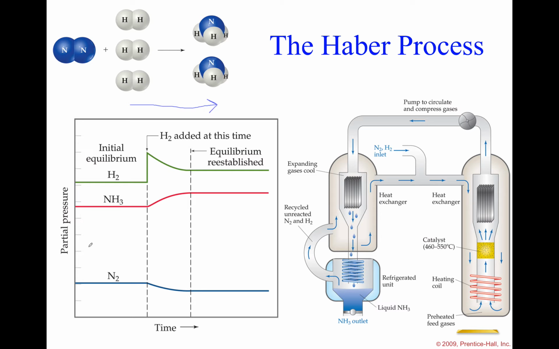So this is just a way of graphically seeing what happens. We're at equilibrium. Equilibrium is disturbed. The system shifts to reestablish equilibrium. I know equilibrium is reestablished at this point because, again, my partial pressures are constant. They're not changing. And this is just an example of the setup or apparatus that would be used for the Haber process.